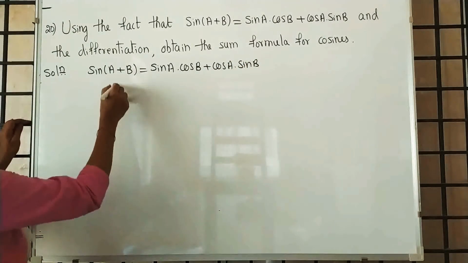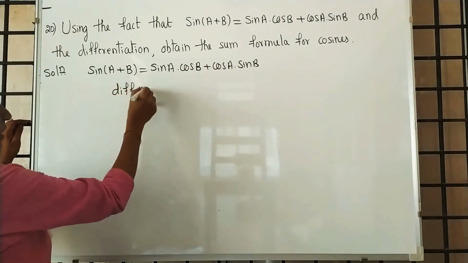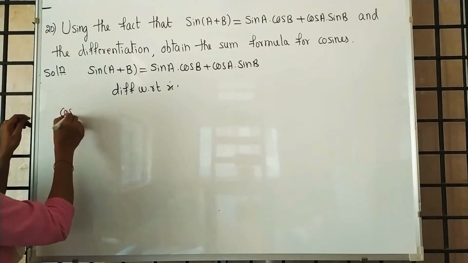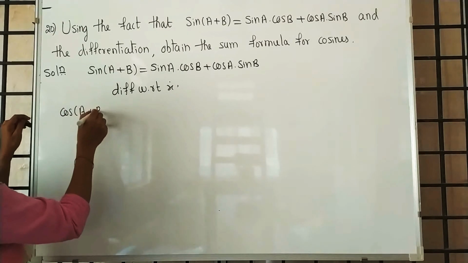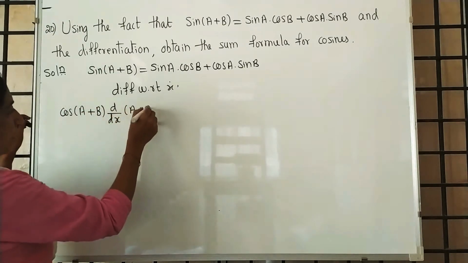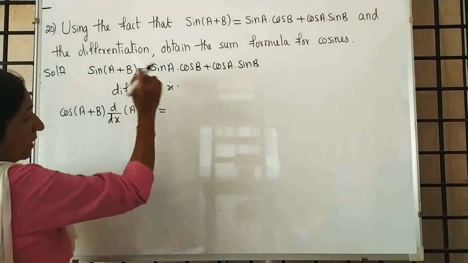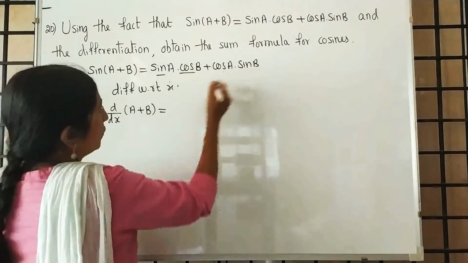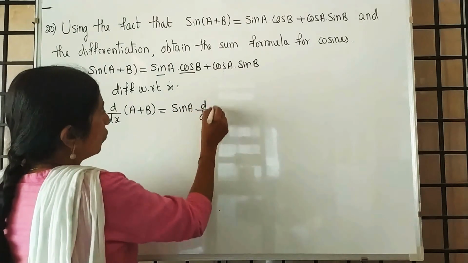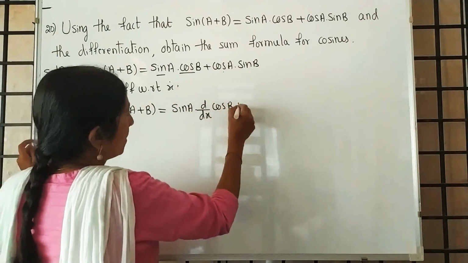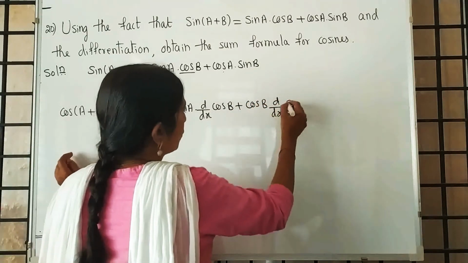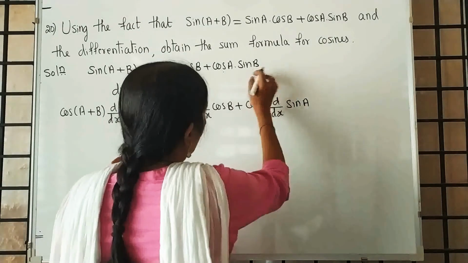Now differentiate both the sides with respect to x. Differentiation of sin(A plus B) is cos(A plus B) into differentiation of A plus B. And right side, this is u into v. sin A as it is, differentiation of cos B, plus cos B as it is, differentiation of sin A. This I will write exactly below.